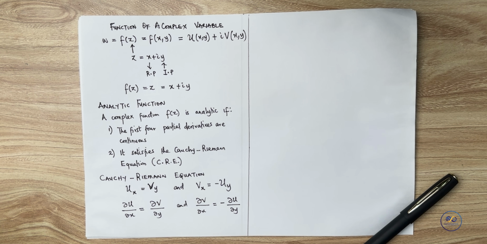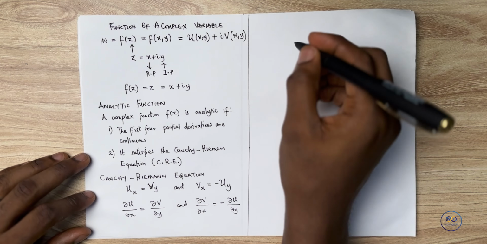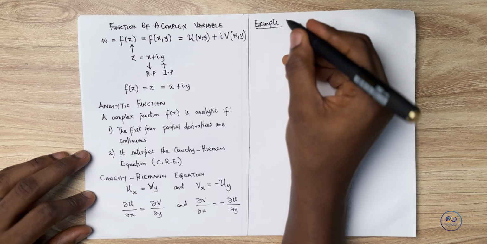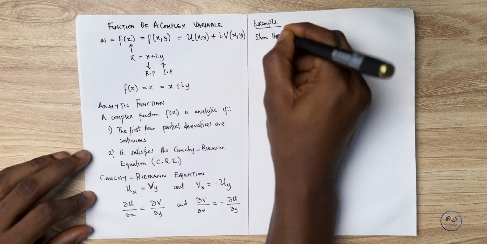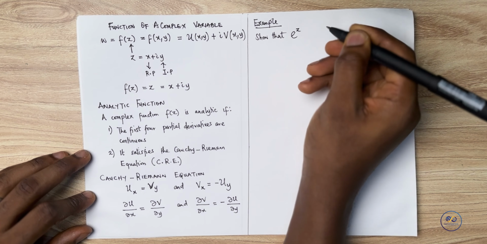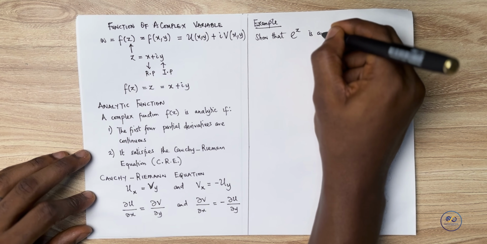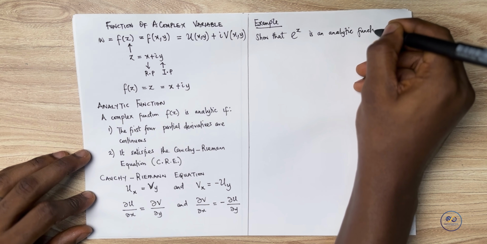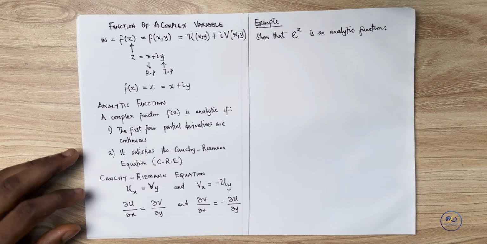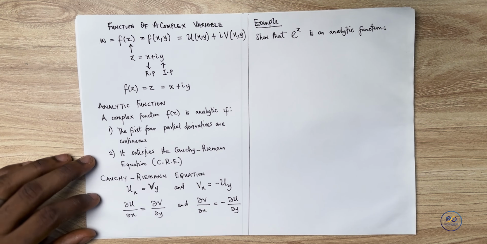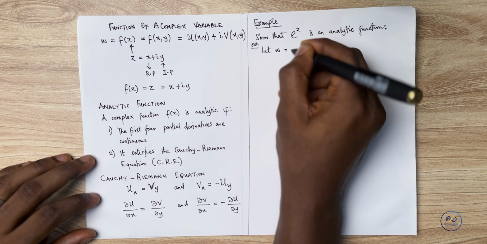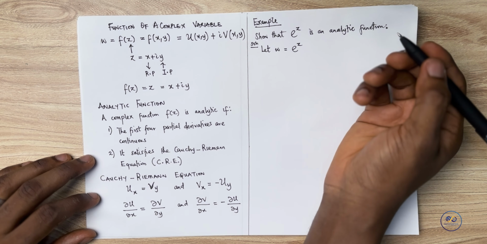Let's take a very, very simple example to see what exactly this means. For instance, if we are to show that e raised to power z is an analytic function, of course, if we let w equal e raised to the power of z, right?